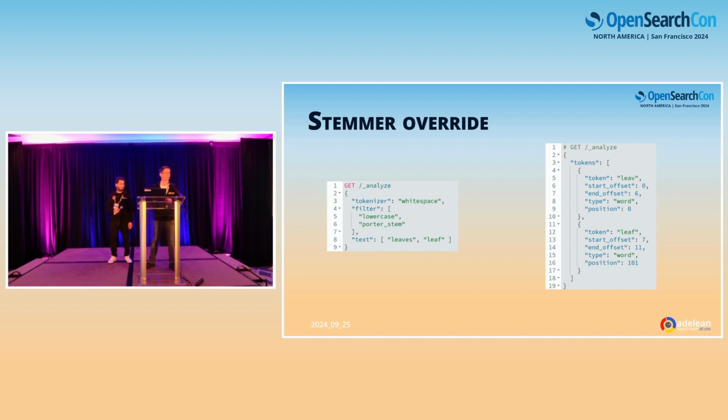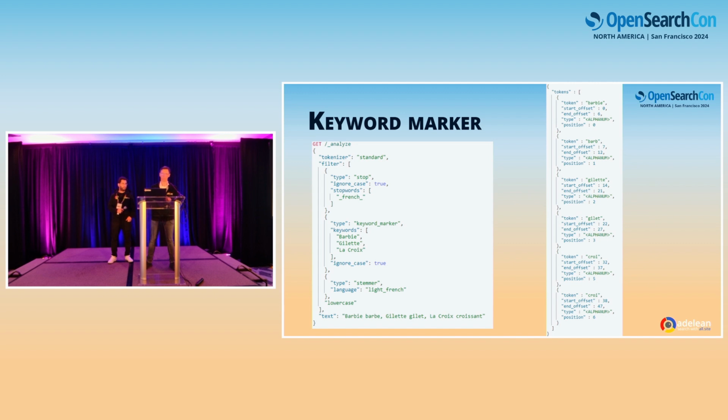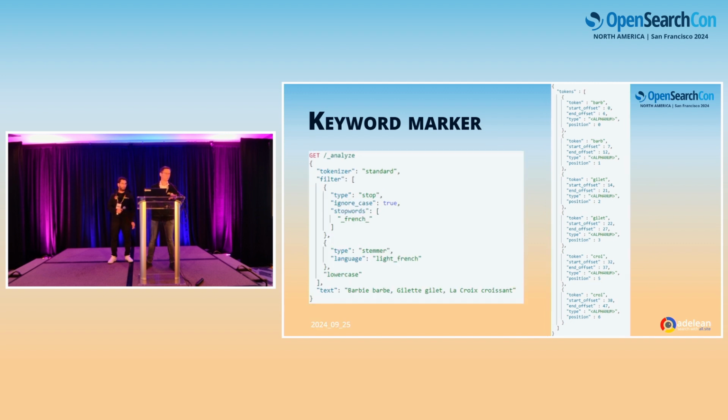So you have the stemmer, but maybe you have noticed there are some times where the stemmer does not behave correctly. So you need a keyword marker. For example, these examples are taken from French, but you obviously find this in any language, especially with brands.